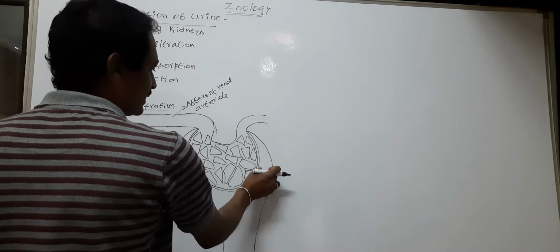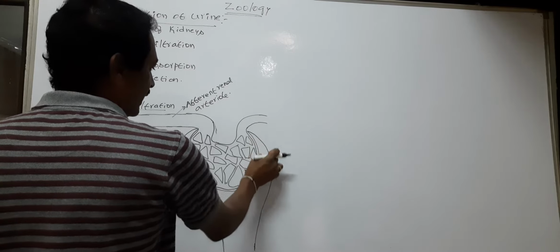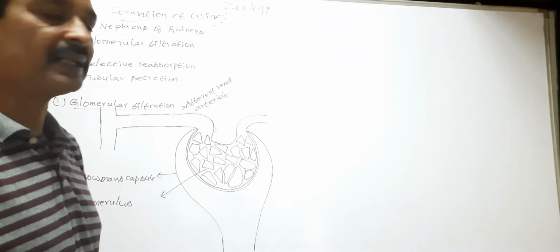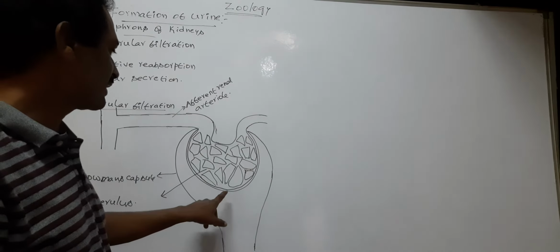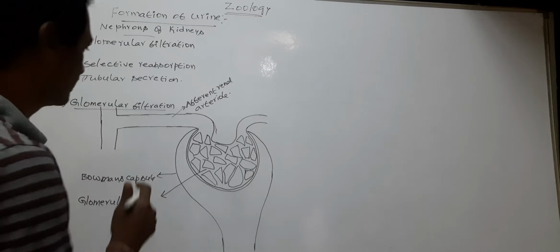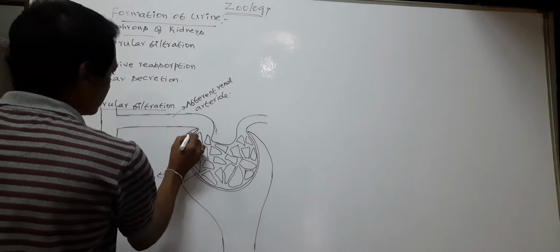Here, Bowman's capsule is made of two layers. This is the outer layer, this is the inner layer. The inner layer has cuboidal cells. The cuboidal cells of the inner layer of Bowman's capsule are called podocytes.